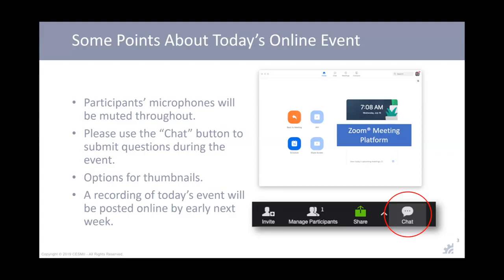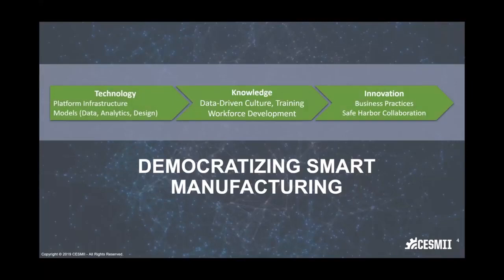So the goal of today is to get me out of the way and get Haresh and Jonathan talking as quickly as we can. I just wanted to take literally 2 minutes or less to remind everybody of what we're here for and what this milestone event means for us here, showing the technology platform. We talk about a focus as an institute of democratizing smart manufacturing, and we talk about it in 3 specific pillars.